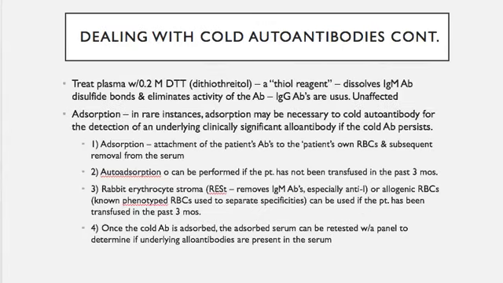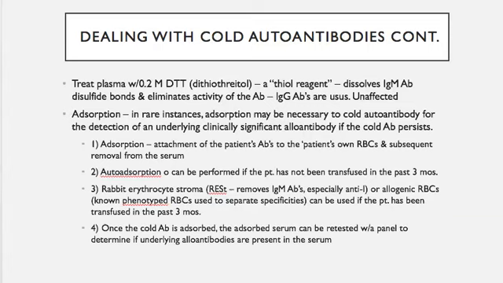You could treat the plasma with 0.2 molar DTT, dithiothreitol, which is referred to as a thiol reagent. It dissolves IgM antibody disulfide bonds and eliminates activity of the antibody. IgG antibodies are usually not going to be affected.